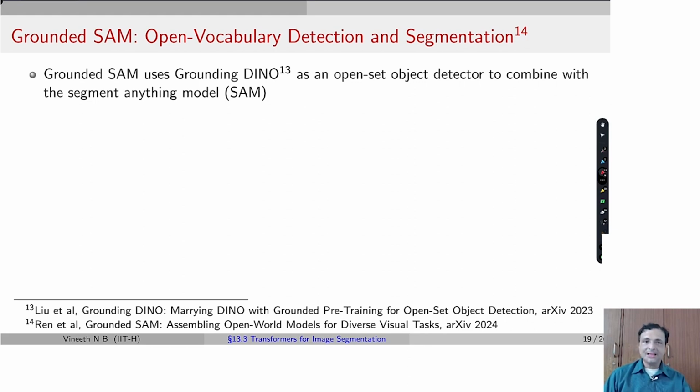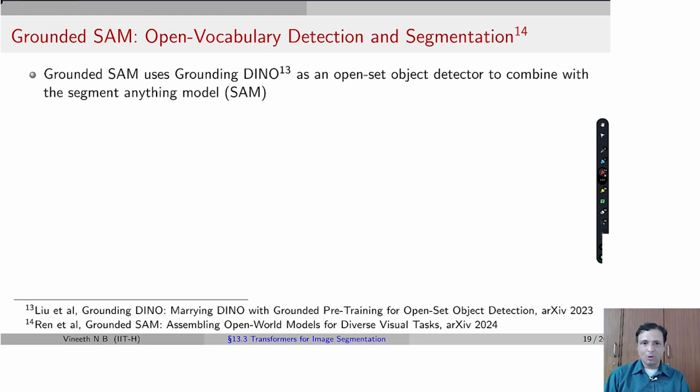More recently, in January of 2024, SAM was extended to Grounded SAM, which is an open vocabulary detection and segmentation method. What does open vocabulary mean? Exactly what we spoke about so far, that the model can pretty much predict any label even if it has not been trained with those labels.